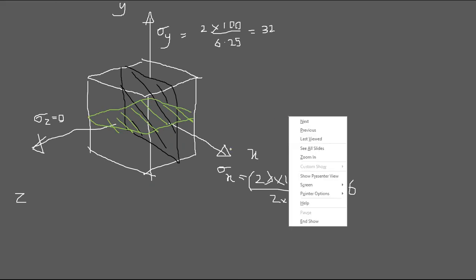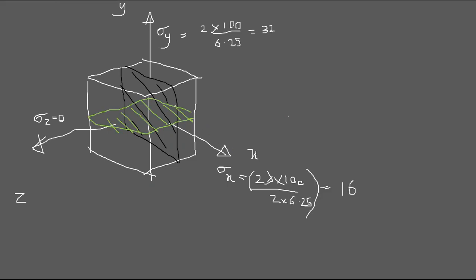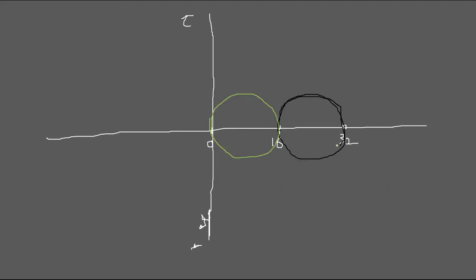Because actually, how you plot this one is that your shear stress is 0. So the coordinate is 16, 0. The coordinate is 32, 0. Normal stress is 32, shear stress is 0. See, when the shear stress is 0, your normal stress becomes the principal stress. So in such case, you will arrange sigma 1 as the largest and sigma 3 as the lowest.